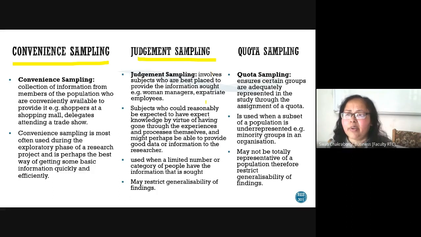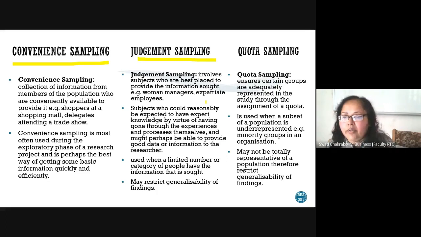Judgment sampling involves subjects who are best placed to provide the information, say expatriate employees or women managers, subjects who could reasonably be expected to be expert in that area. They have expert knowledge by way of having the right experiences and having undergone those processes, so they might be able to provide better data to the researcher.